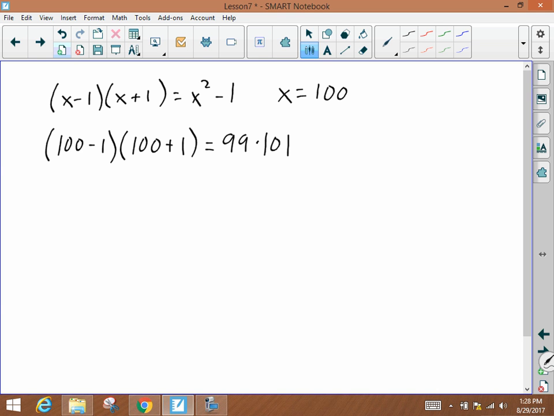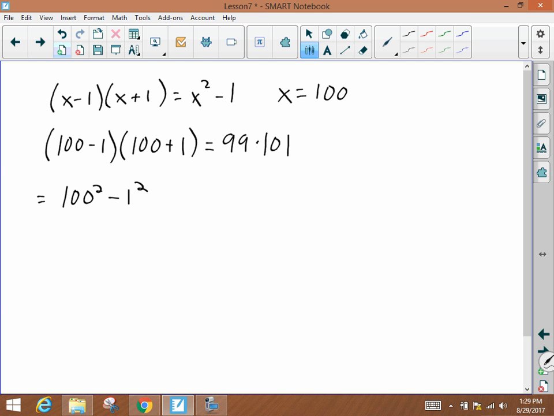Isn't it the case that I could write this as a difference of squares? Couldn't I also write this as 100 squared minus 1 squared? I'm saying that because it's difference of squares, I can write it in that way, and then it becomes much easier for us to do such a calculation.